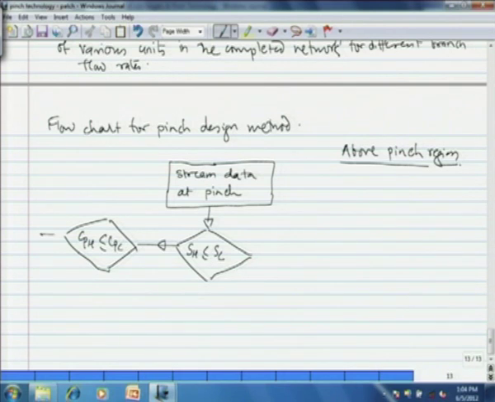If that is also satisfied, then you have to go and place the matches.